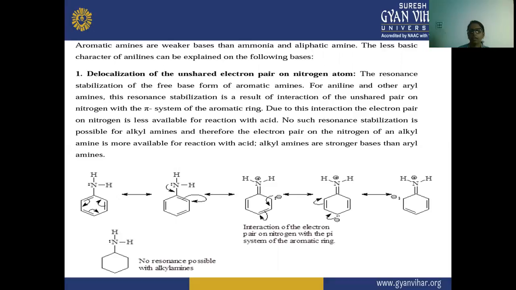For aniline and other aryl amines, the resonance stabilization is the result of interaction of the unshared pair on nitrogen with the pi system of the aromatic ring. Due to this interaction, the electron pair on nitrogen is less available for reaction with acid. No such resonance stabilization is possible for alkyl amines, and therefore the electron pair on the nitrogen of an alkyl amine is more available for reaction with acid. Alkyl amines are stronger bases than aryl amines.